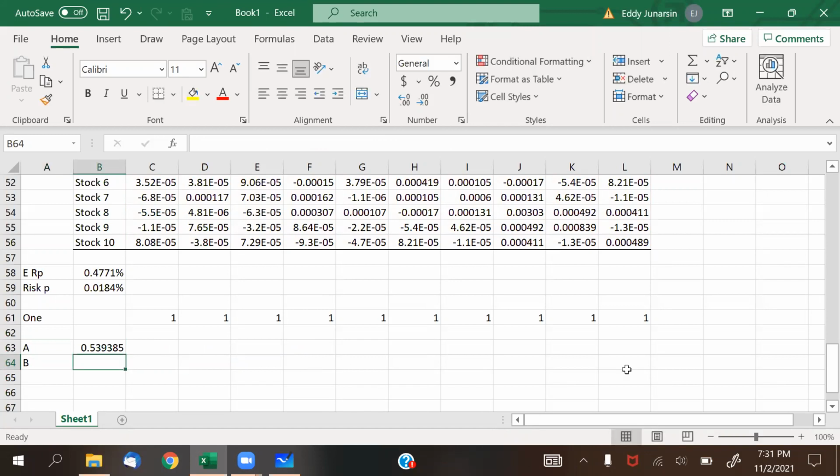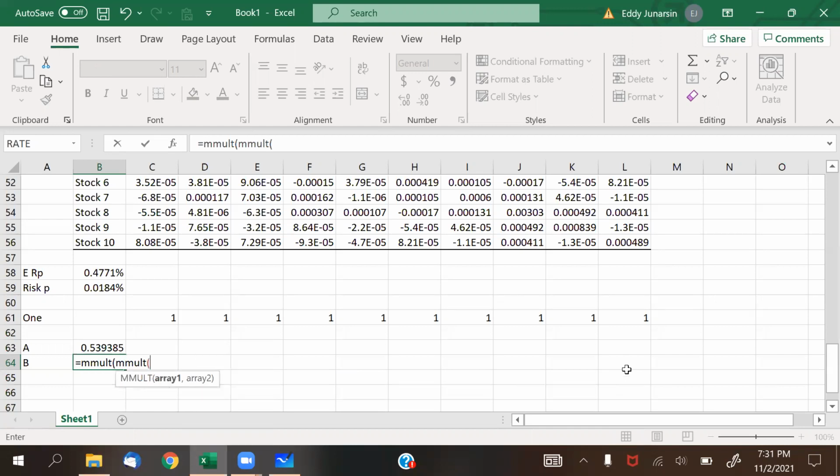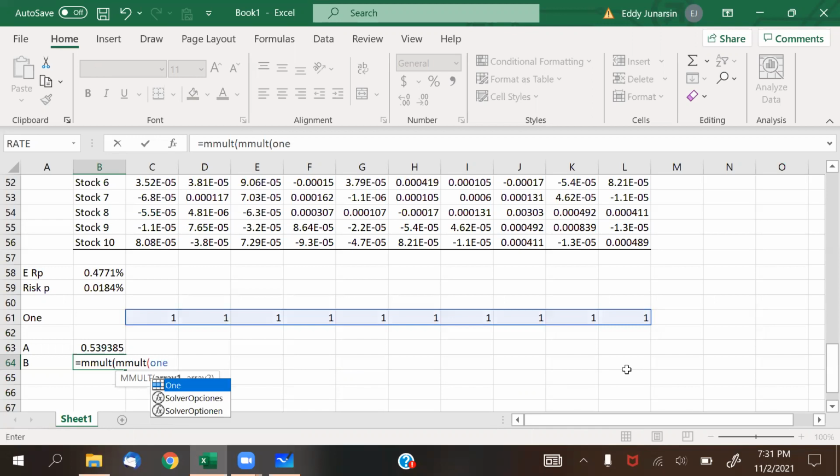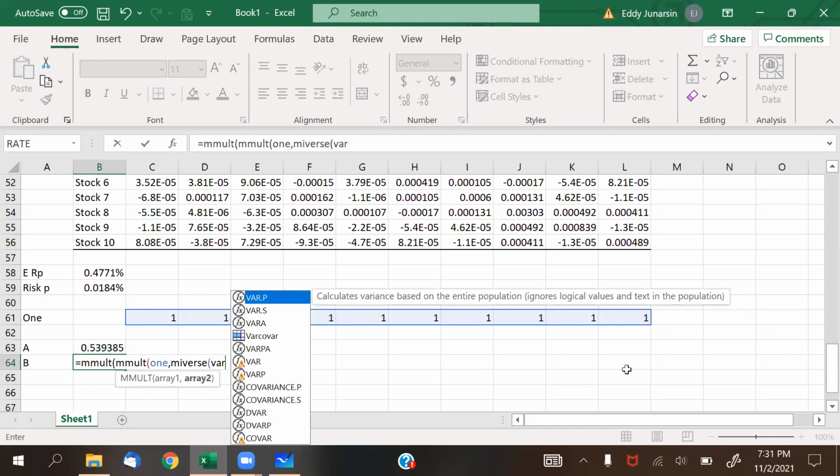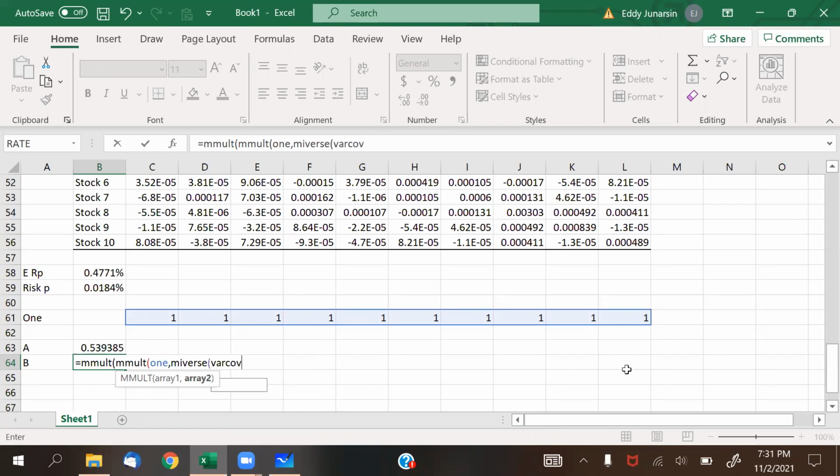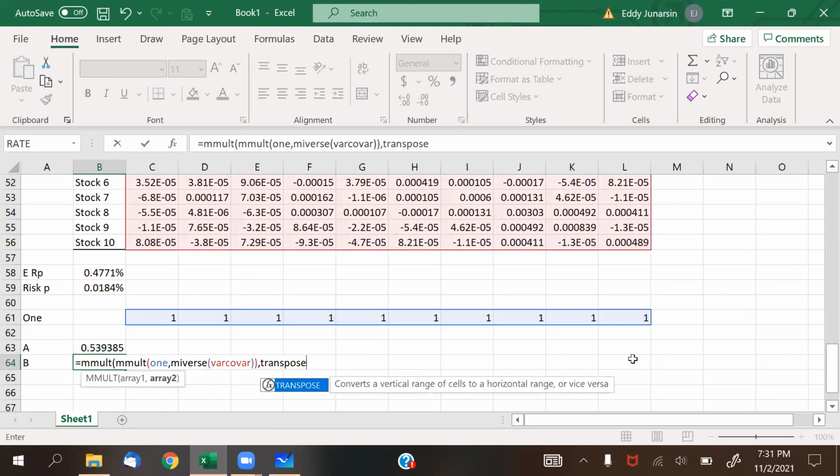Then the next one is B. Point B is the same thing: matrix multiplication of mu, then the identity matrix, which we named one, then the matrix inverse of the var-covar matrix, and the transpose of the expected return.